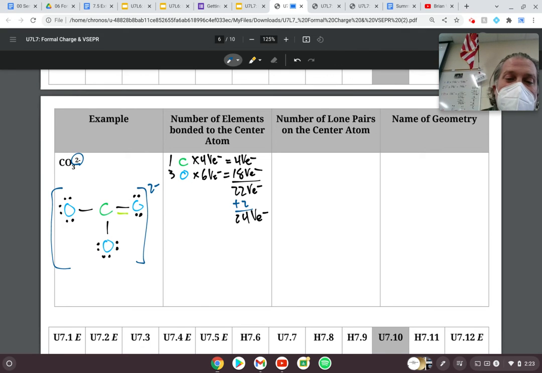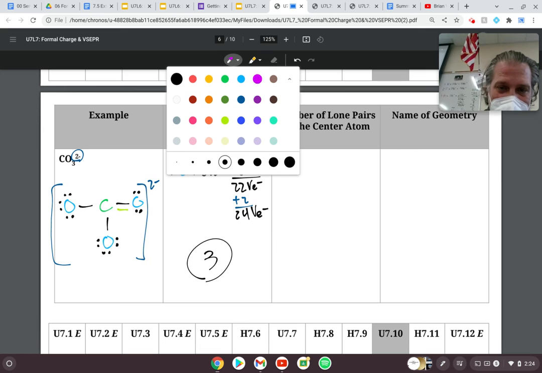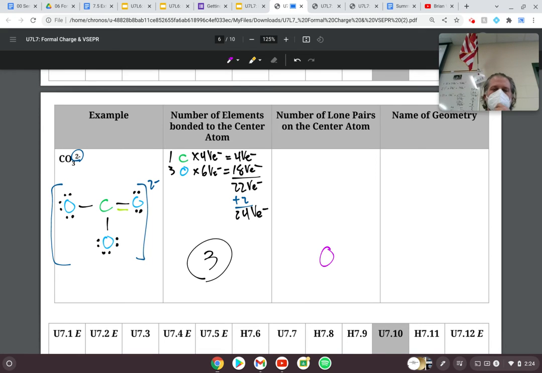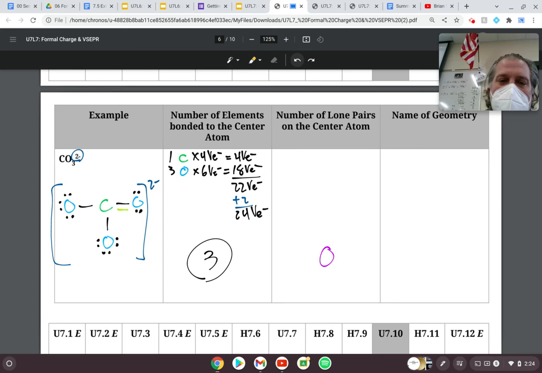So in this case here, the number of atoms that are bonded to the central atom happens to be 3. There are no unshared pairs of electrons on this one. So I'm going to call this structure AX3.